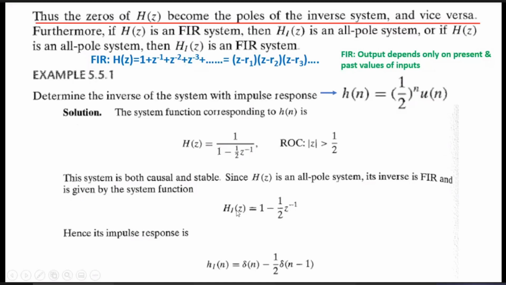Y(n) is nothing but h(n), because we have applied x(n) as delta n. So delta n into z inverse means delta n minus 1, and it becomes delta n minus half delta n minus 1.